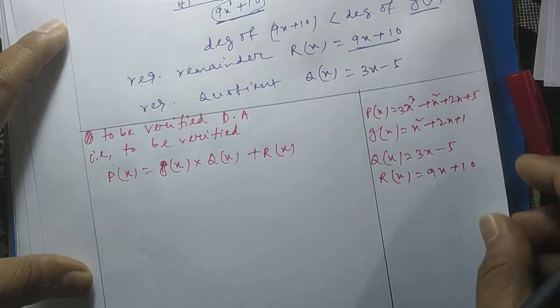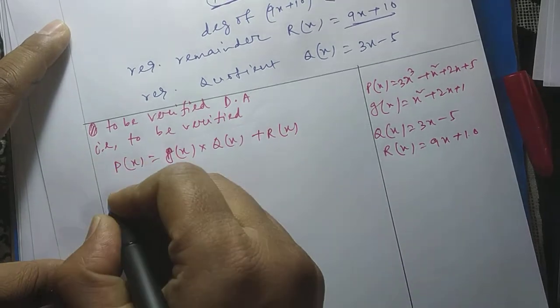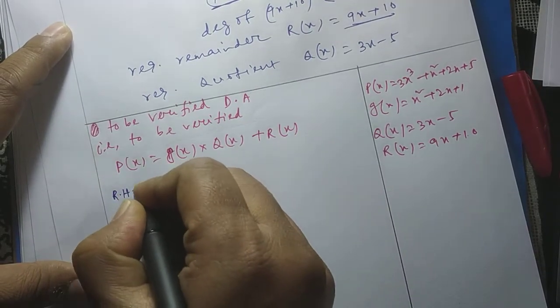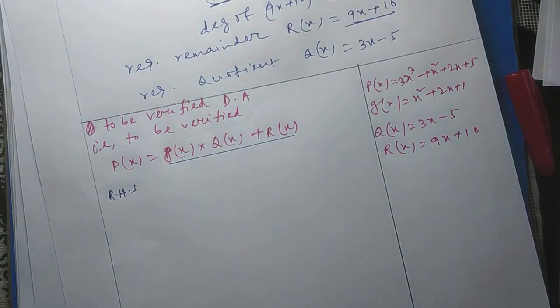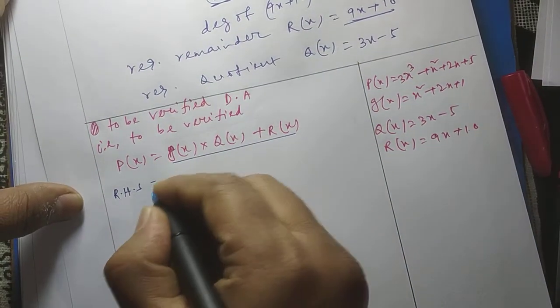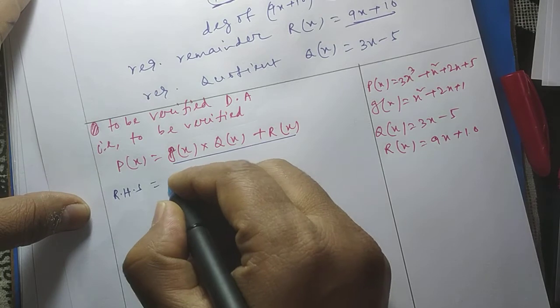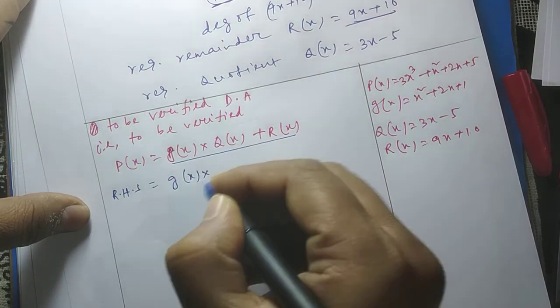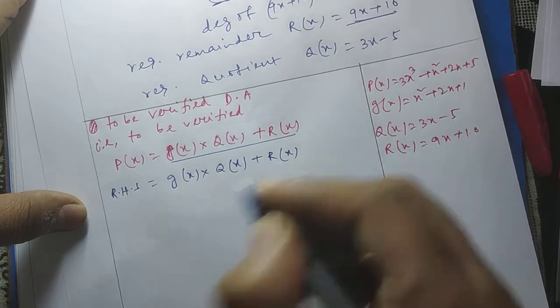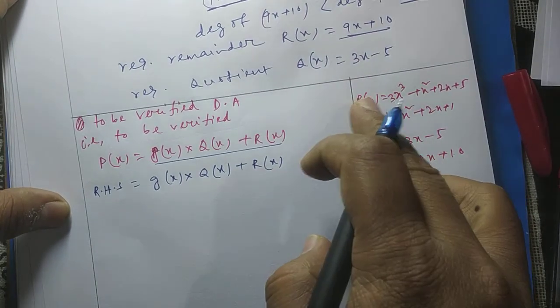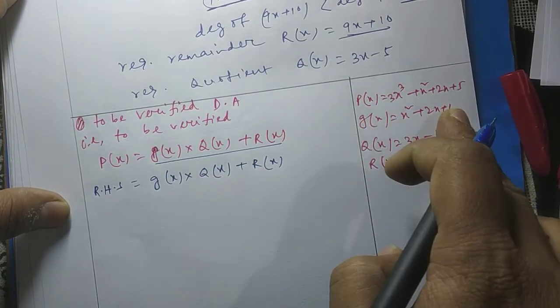Now let us verify. Let us take the RHS first, because here the RHS is very big, so it will be very easy to work on the RHS. What is that? g(x) into q(x) plus r(x). Already we have p(x), already we have g(x).